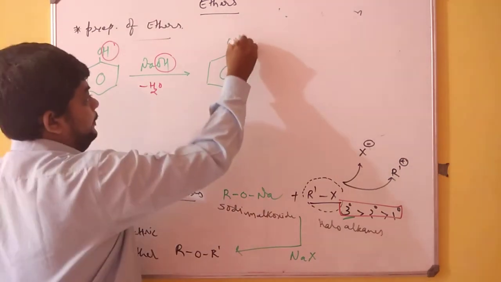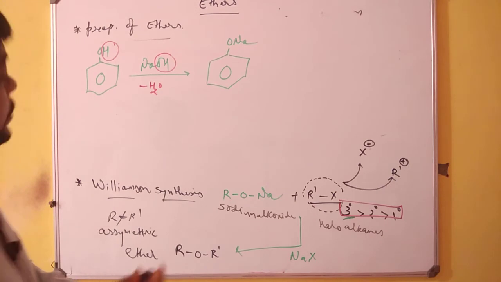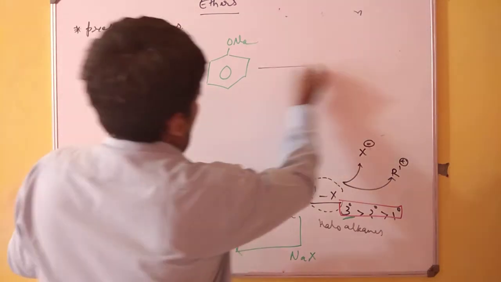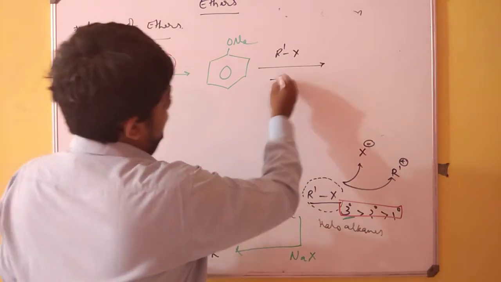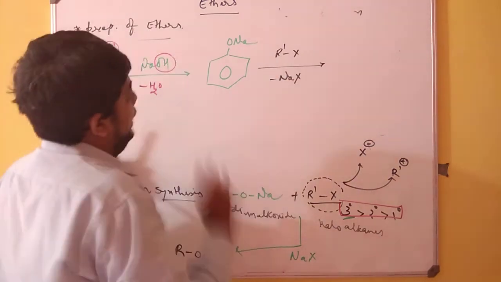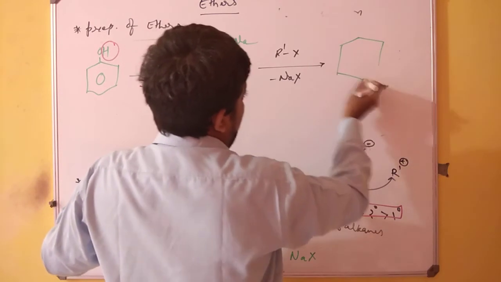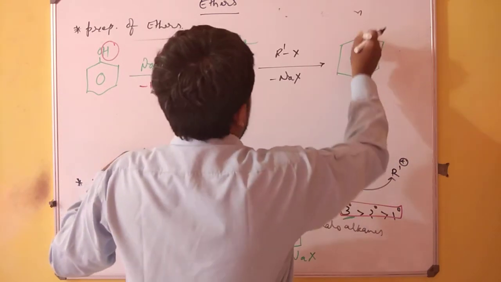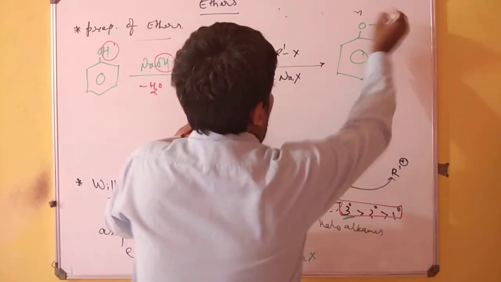This is ONa. This sodium phenoxide, when reacts with R prime X, sodium halide is removed and we end up writing O R prime.